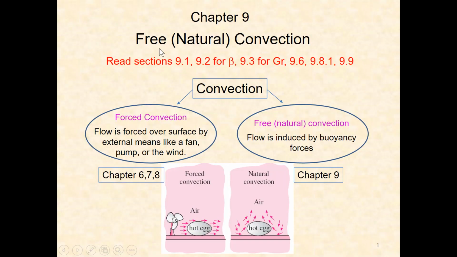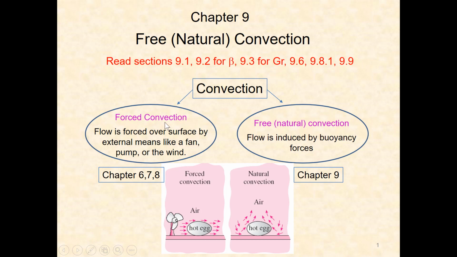Chapter 9, Free Convection. Convection is a heat transfer process between a solid surface and moving fluid. It is classified as forced convection and free convection.